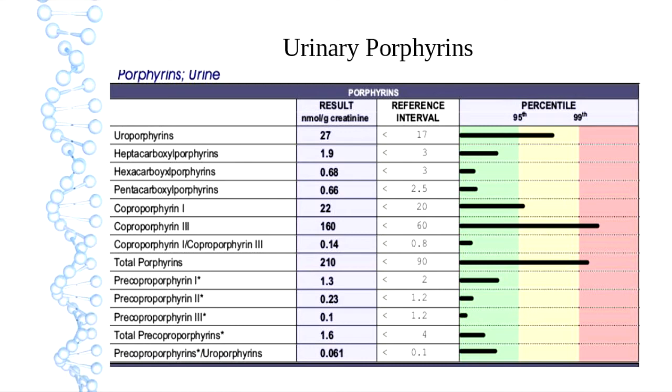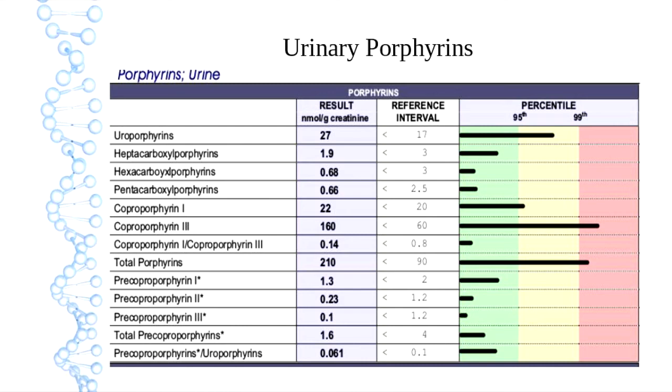Different toxins can interfere with the conversion, and if you see a lot of these spilling out into the urine, it indicates that there is a burden of toxicity on the body. Some of these markers indicate one particular toxin is a problem more than another. So for example, the precoproporphyrins 1, 2, and 3 indicate mercury, whereas the coproporphyrins 1 and 2 are more likely to indicate persistent organic pollutants.